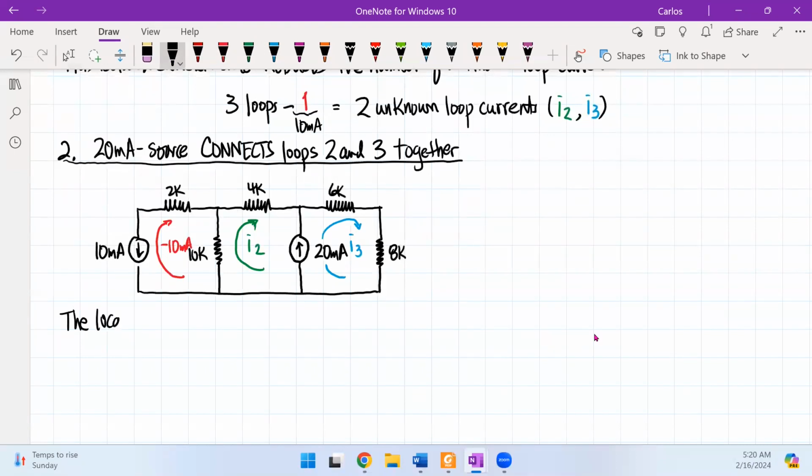And so the first thing that we see here is that the location of the 20 milliamp source sets up a special situation.